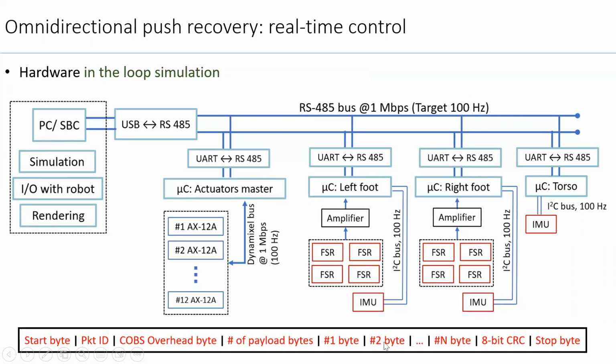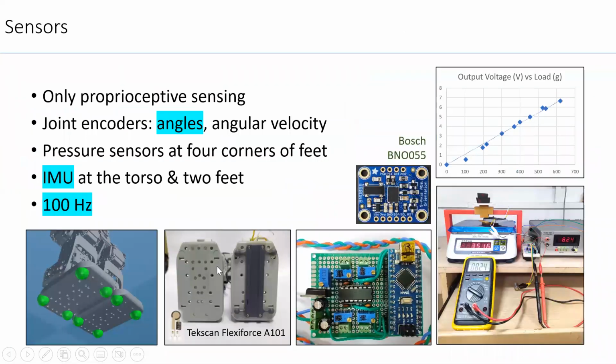So this is a robust data packet, which is transmitted over the line to avoid any errors. We have used these FSRs, as you can see here on the foot. This load concentrator has also been designed. The FSR calibration circuit and setup has been made.